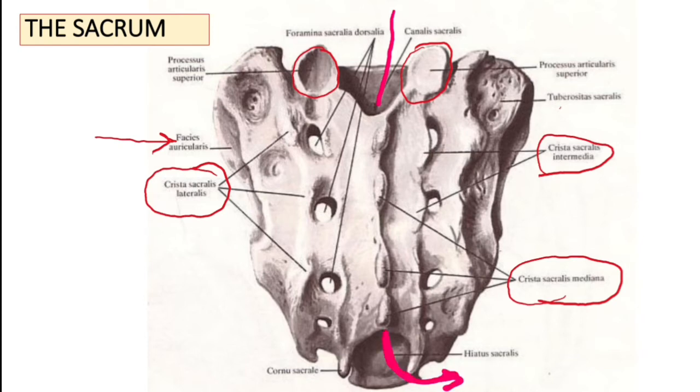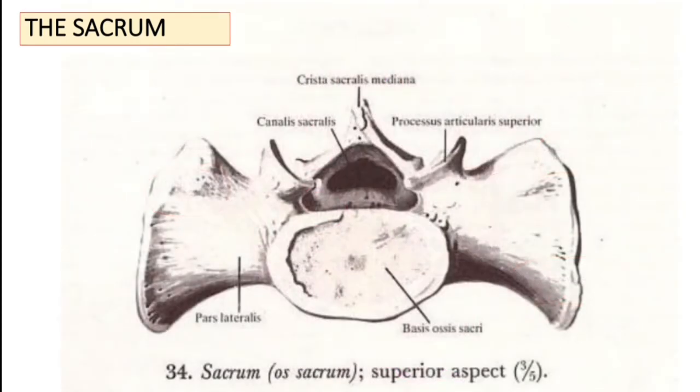And then on the back, the exit is the hiatus sacralis. Okay, and the foramens, of course, I told you about this, foramina sacralia dorsalia, right? Okay, this is the superior aspect of the sacrum, right?